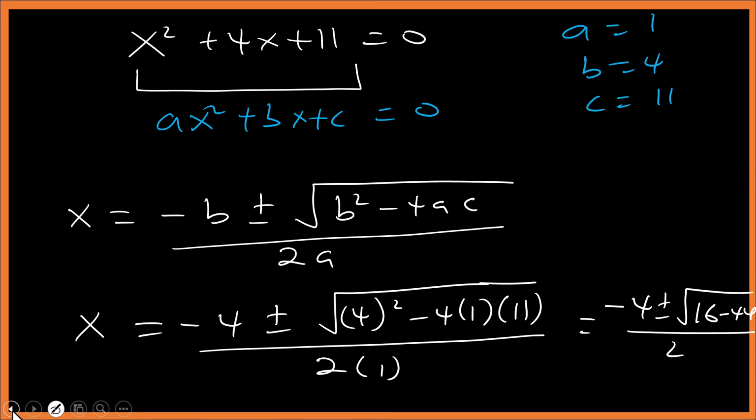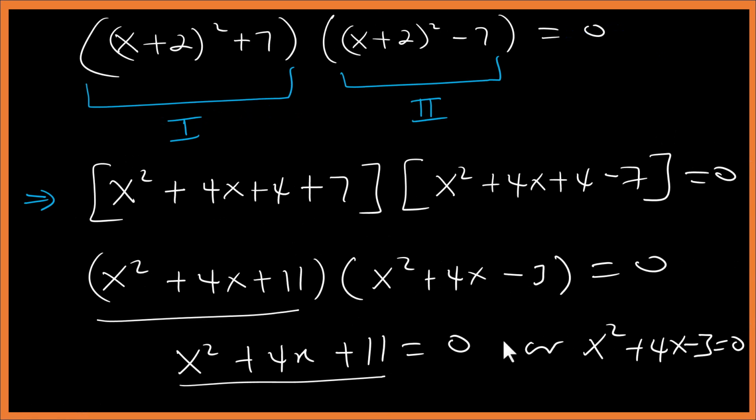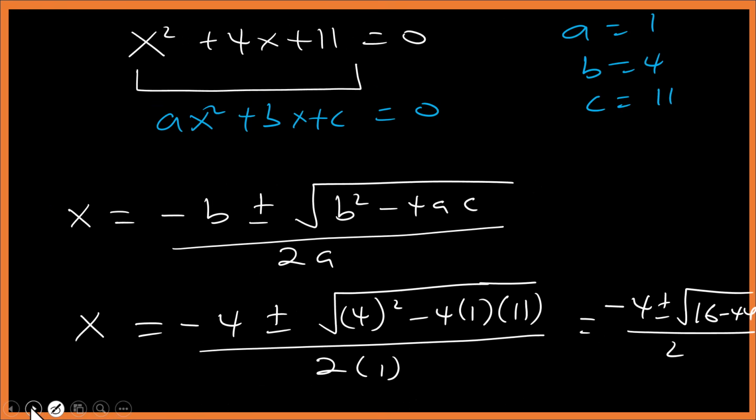Now let's look at the second option, x squared plus 4x minus 3 equal to 0. So let's use the method of completing the square to solve this.